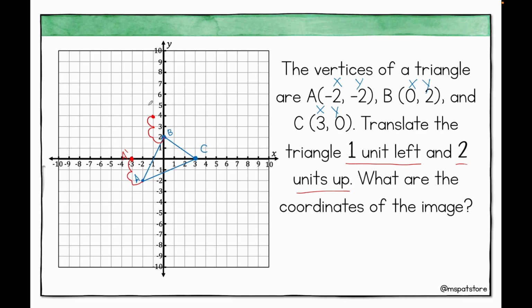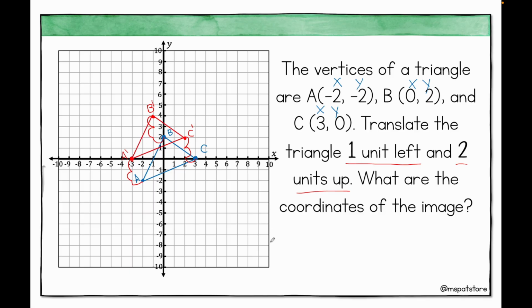Here we're going to have B prime. Now we're going to do C, 1 unit left, 1 and 2 units up. 1 and 2. Here we have C prime. Now I would like you with a different color to connect A prime, B prime, and C prime. This is the way your triangle should look like.